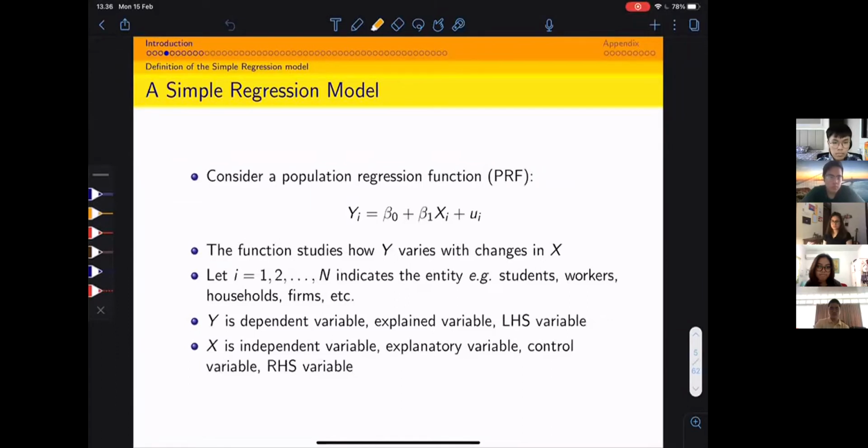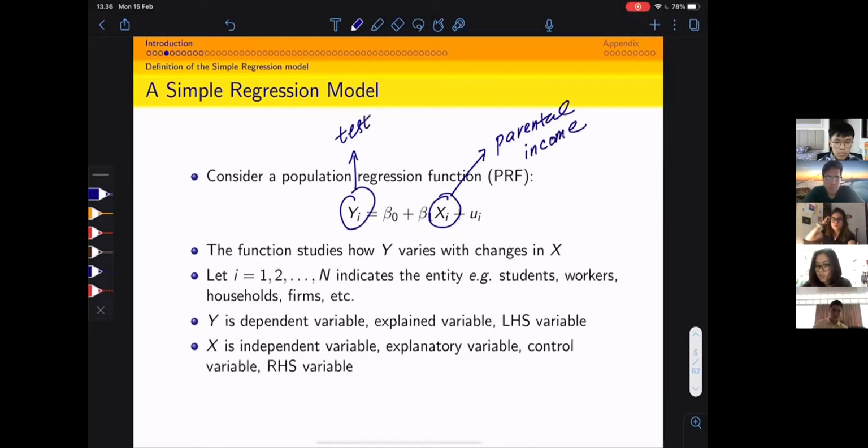In the previous question, we're interested in, for example, the effect of parental incomes on the student test score. So the parental income is going to be X, and Y is going to be the student test score.